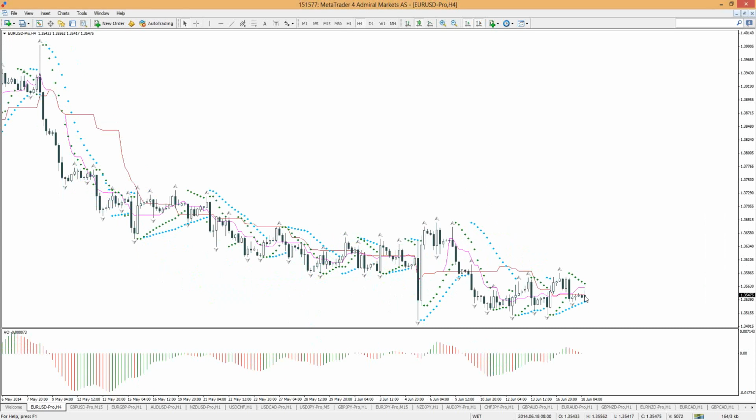The Tenkan is above the Kijun, which means we are in an uptrend. The only thing we do want to see is the Tenkan also sloped at an upside angle. So whatever the trend is, the Tenkan has to be in that same direction. If it's an uptrend, we want to see the Tenkan sloped to the upside. If it's a downtrend, we want to see the Tenkan sloped to the downside.